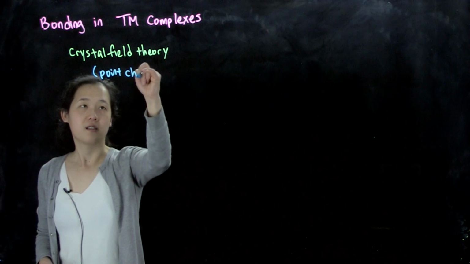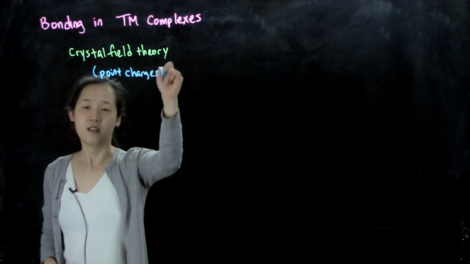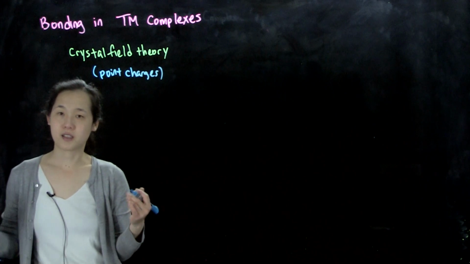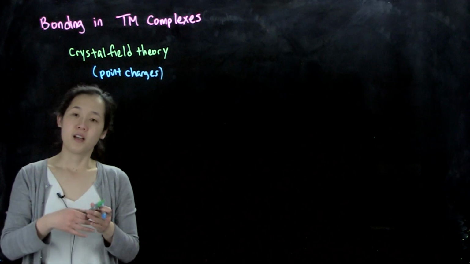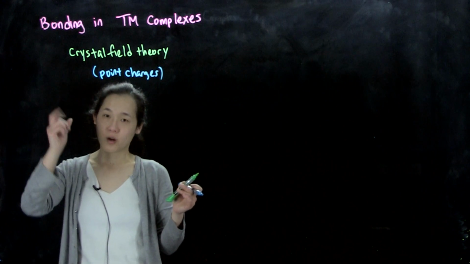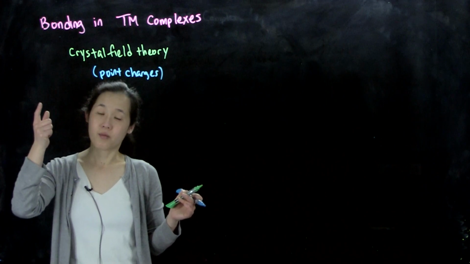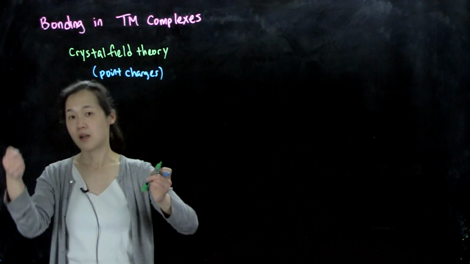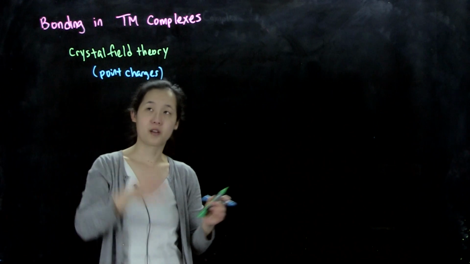You imagine that your ligand, which has a delta minus, is doing a dative bond as a Lewis base, and that's coming in and perturbing the energies of the orbitals in your metal by which direction they approach from in the structure of your molecule.